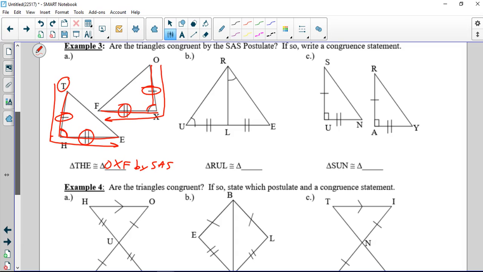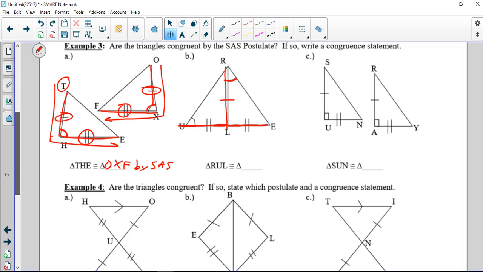So we have this side is congruent to itself, and we have this side marked and this side marked. Well, this angle here is not in between two sides. We would need RE to make it the included angle.